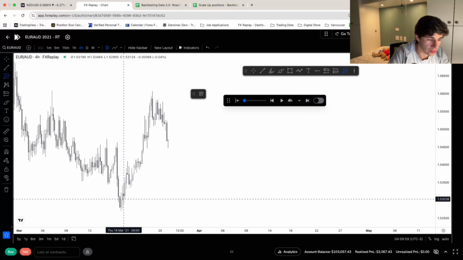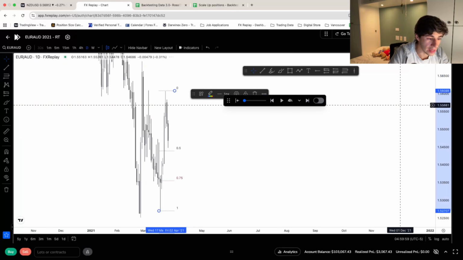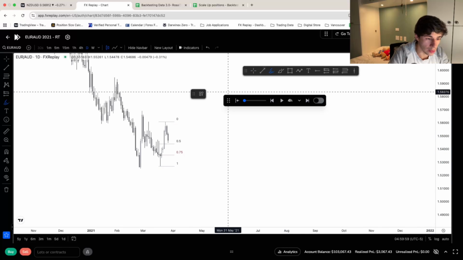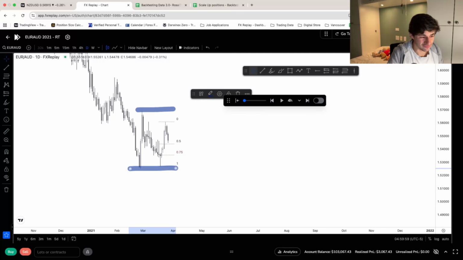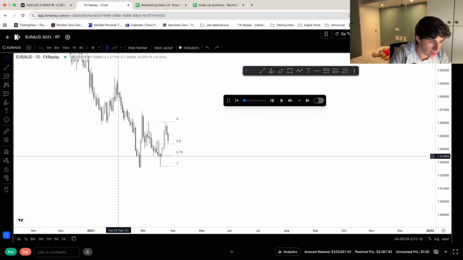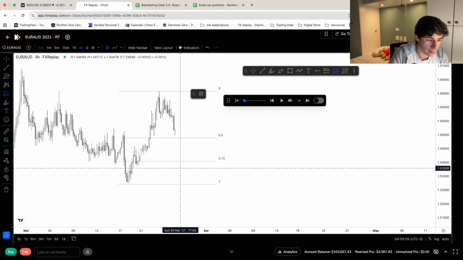I'm taking this long because now we're consolidating, like we are here and here, so I don't like that too much, to be honest, but it's valid, so I'm taking that one. Fuck it.